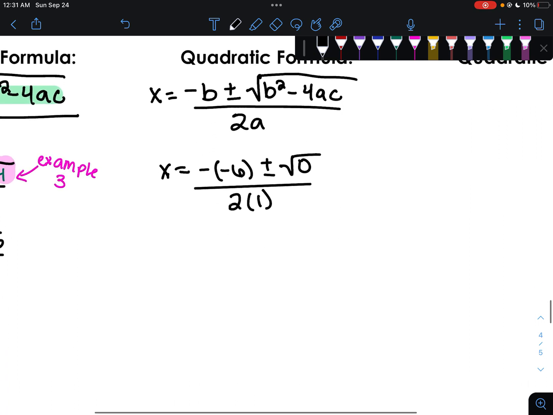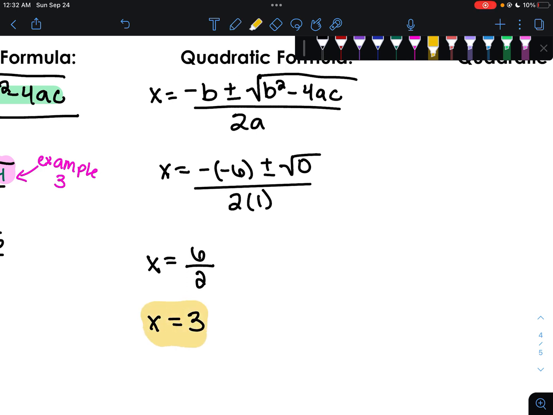So we start to simplify. We see that the double negatives with the 6 turns into a positive 6, plus or minus the square root of 0 is just 0, all over 2 times 1, which is 2. And so when this simplifies, it simplifies to 3, which is just one real solution.